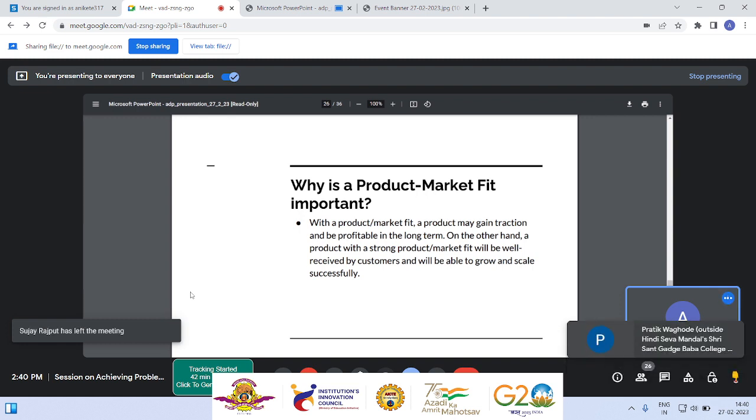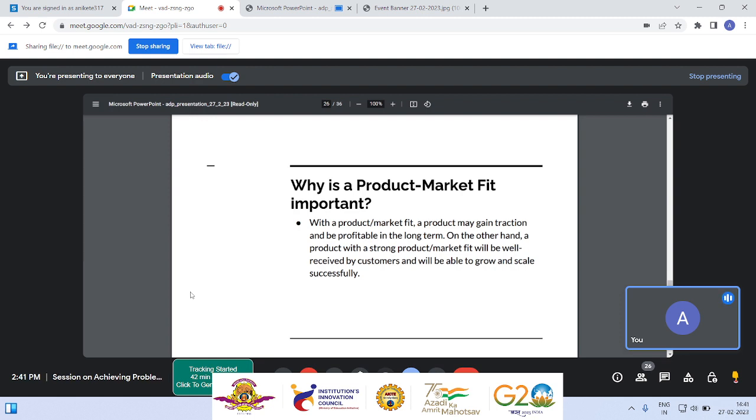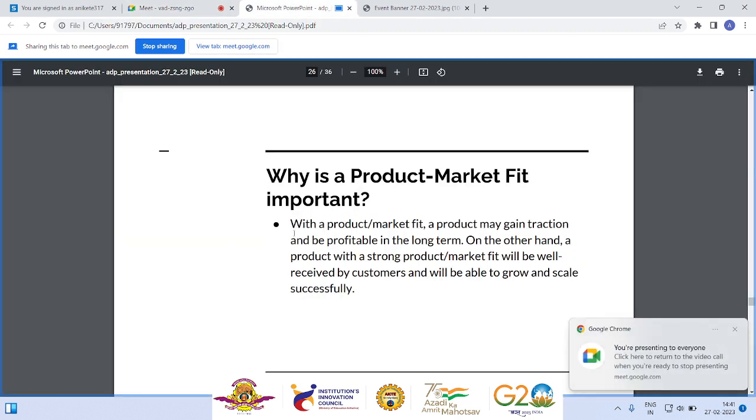Definitely not. That is the thing you have to take into consideration while thinking of that. Because of that, many startups have failed.